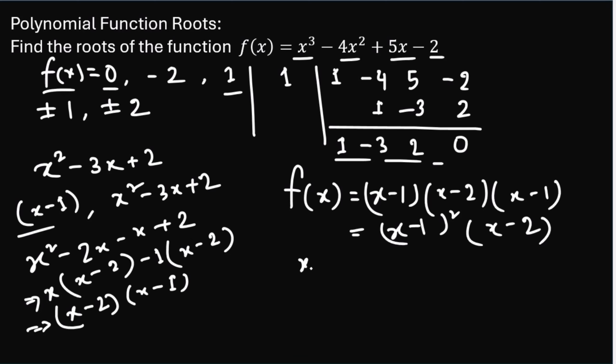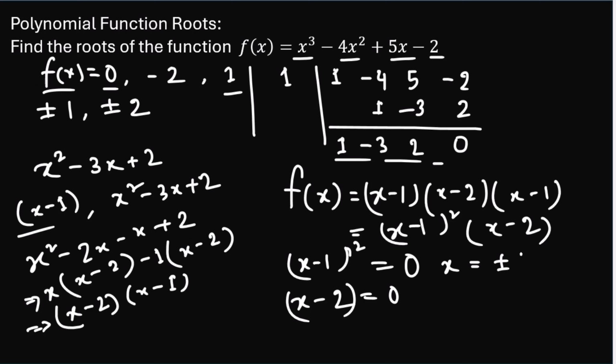So x minus 1 whole square equals 0, and x minus 2 equals 0. So we will get x equals 1, and here x equals 2. So we find the roots of this function. So the roots are 1, 1 and 2.